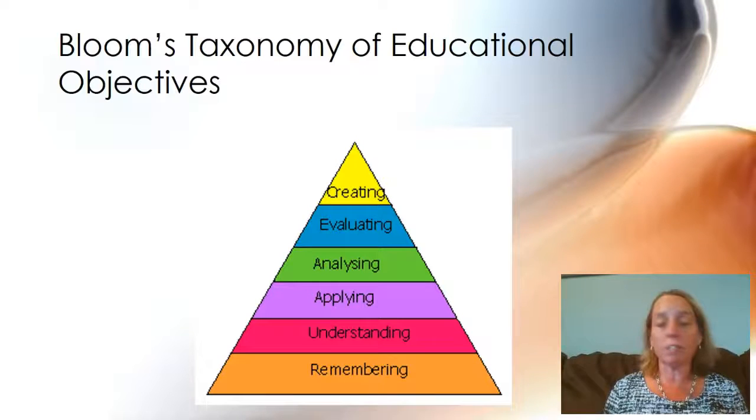That's the lowest level. So we do need foundational knowledge in order to be able to climb up that pyramid, but we need to make sure that our learning outcomes are addressing a variety of cognitive levels within this taxonomy and not all focused on remembering.